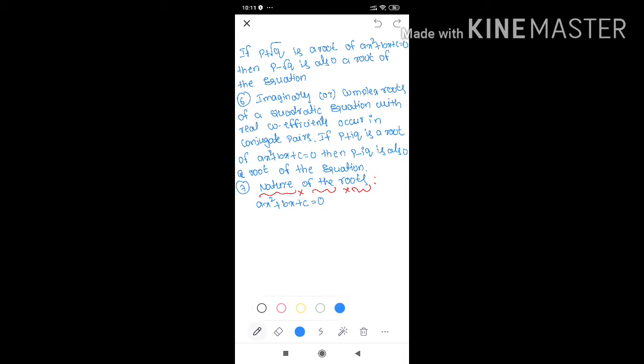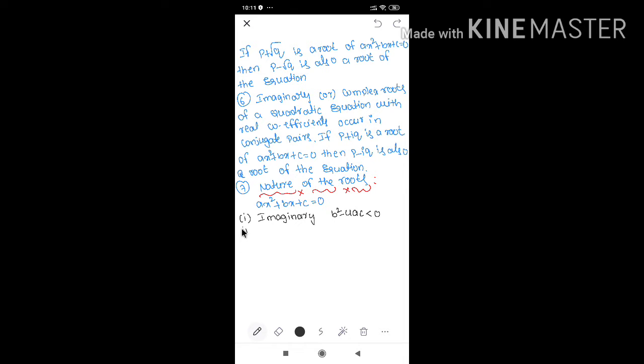In this one, first point, imaginary: if the roots are imaginary, b square minus 4ac less than 0.